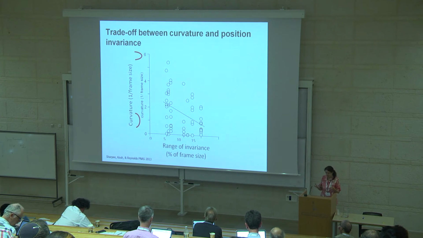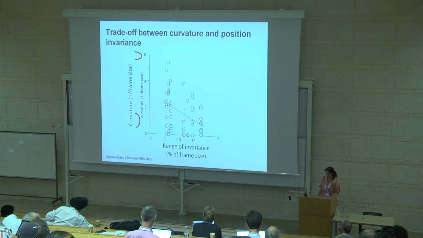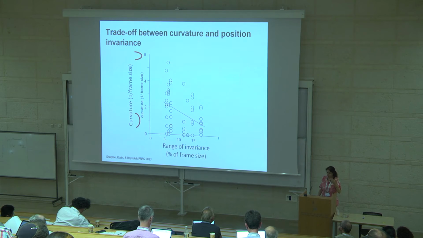And we see a statistically significant inverse relationship between curvature and invariance, meaning that neurons that are tuned for tighter curvatures are less position invariant than neurons that are tuned for shallow curvatures.